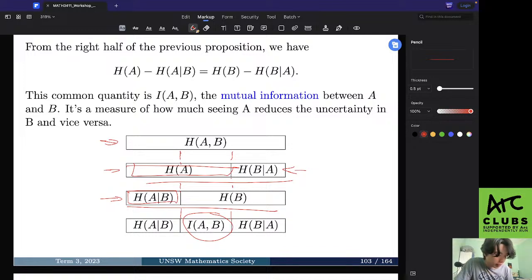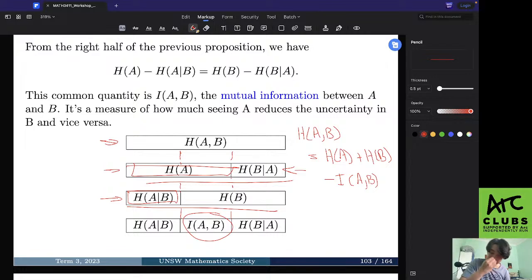So we might know a previous formula from our test in week 10, and that was the joint entropy is going to be equal to H of A plus H of B minus the mutual information. And so you can use this table to come up with different formulas and different ways to come up with each value in here.